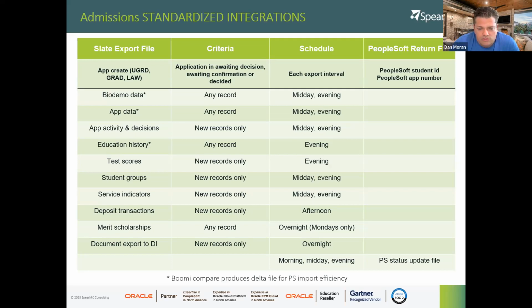In the situation for UMass in particular, we were, I would say, near real time on the inbound side into PeopleSoft. So Boomi would pick up the file, do any translations that we needed to do, and feed that over to the admissions application's web services. Once Boomi picked up the data, it was near real time.